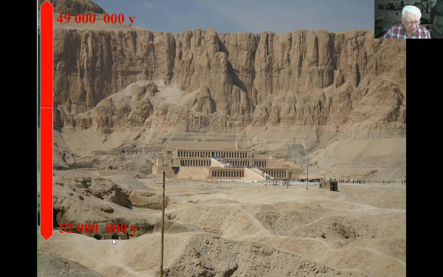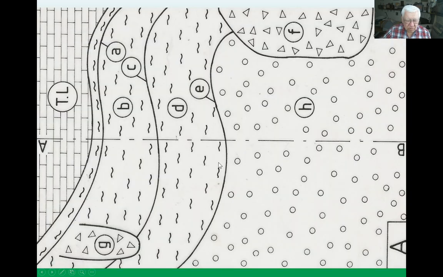Like at this place you have entrances to the tombs, and above there is a layer of limestone. A similar situation we have in the temple of Hatshepsut. Before construction of the temple, the geological situation looked like this.